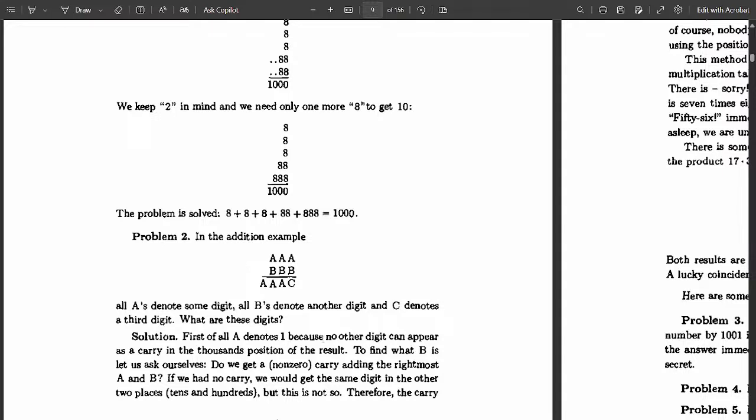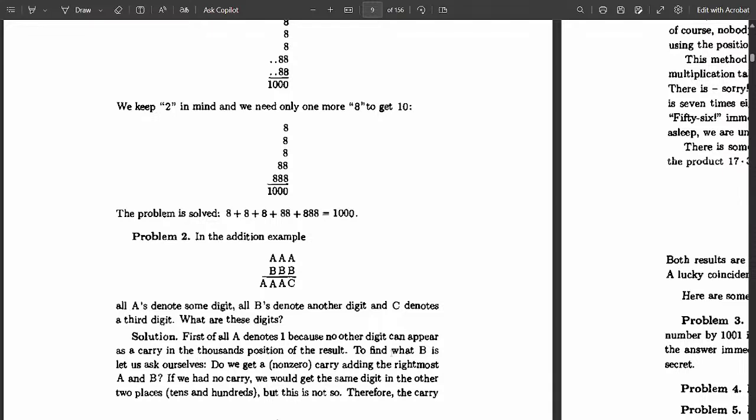First of all, A denotes 1 because no other digit can appear as a carry in the thousands position of the result. Huh? Because no other digit can appear as a carry in the thousands position of the result.